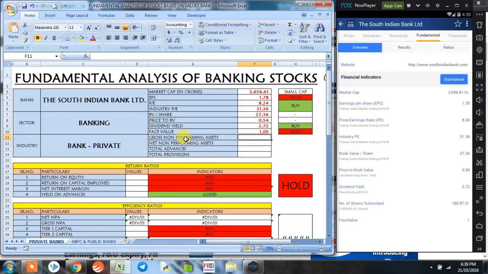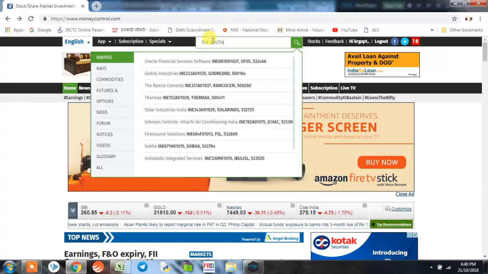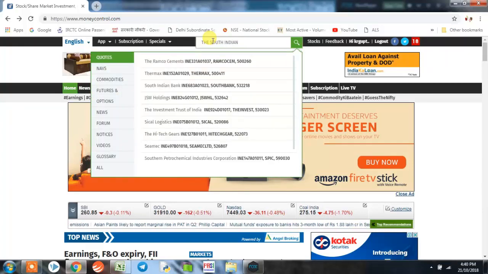For gross NPA, net NPA, total advances, total provisions, we'll have to go to the Money Control site to get this financial data. So here we type in the South Indian Bank.